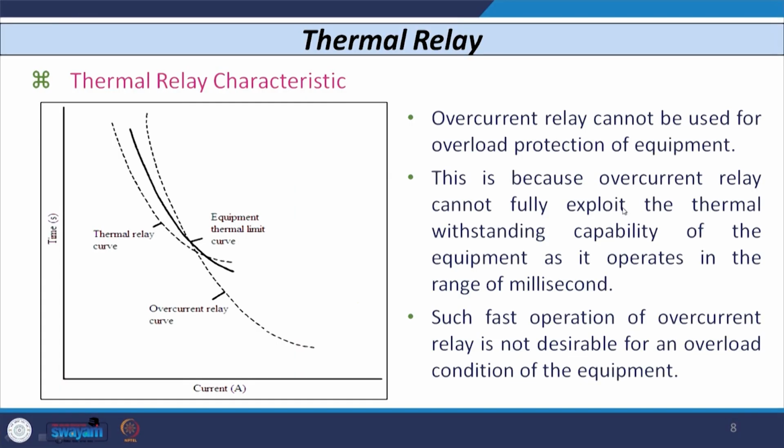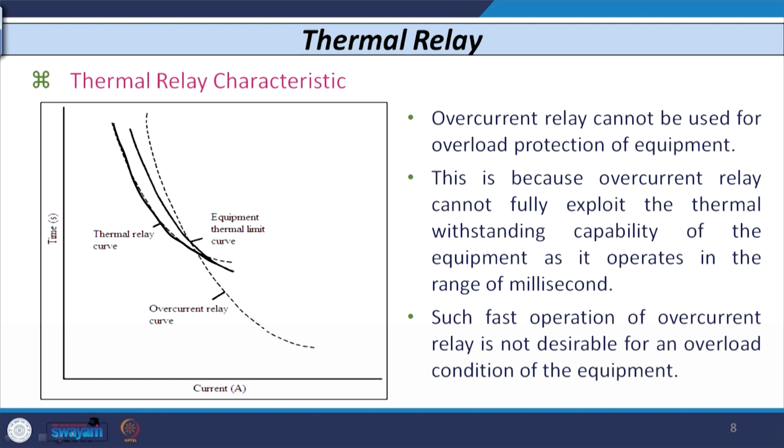So, if I just plot the characteristic of the thermal relay, the overcurrent relay and the thermal withstand capability curve of the equipment, then it looks like this. If I look at the thermal relay characteristic, it is exactly below this dotted curve, which is exactly below the thermal withstand capability curve of the equipment.